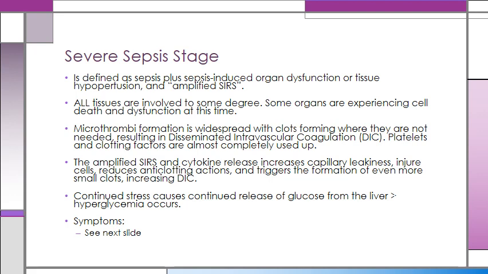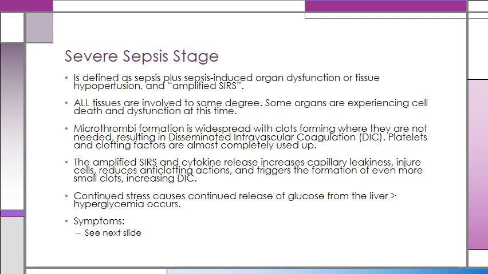The microthrombi formation is widespread, with clots forming where they are not needed, resulting in the disseminated intravascular coagulation syndrome, otherwise known as DIC. Platelets and clotting factors are almost completely used up. The amplified SIRS and cytokine release increases capillary leakiness, which injures cells, reduces anti-clotting actions, and triggers the formation of even more small clots, and therefore increasing DIC.